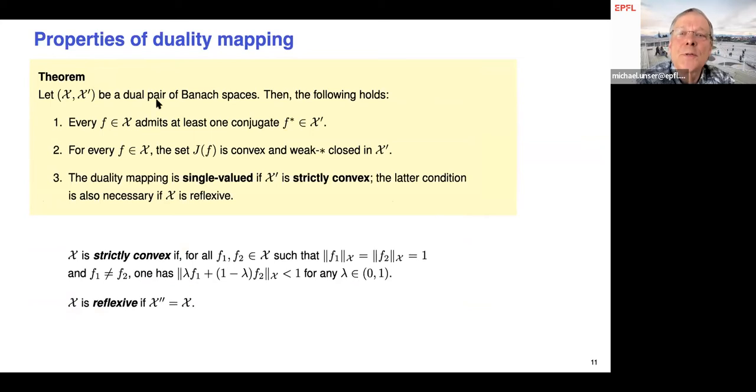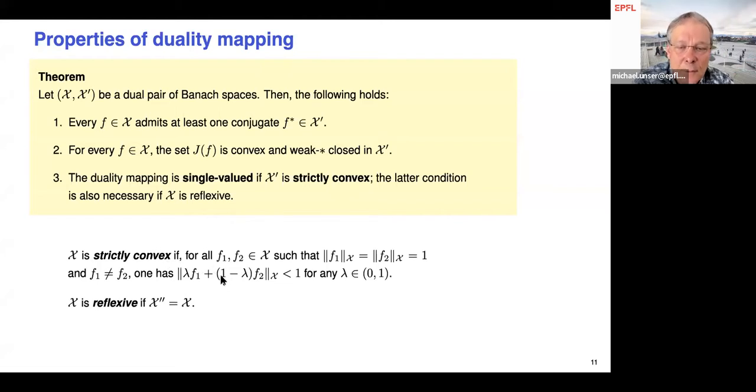Now, the properties of the duality mapping. As I said, every element of a Banach space has at least one conjugate. The set of conjugates of a given point is convex and weak closed. And the other important part is that it's single valued if the Banach space is strictly convex. This just means that the norm associated with this Banach space is strictly convex.